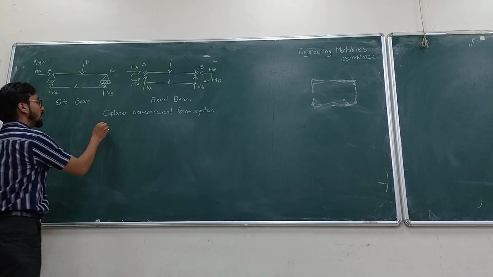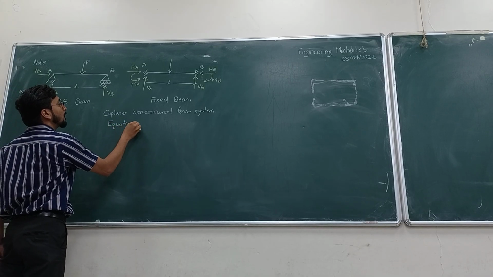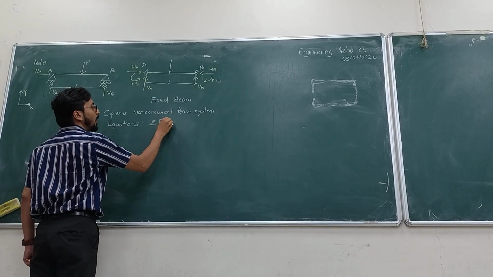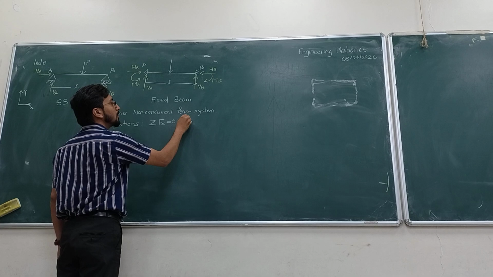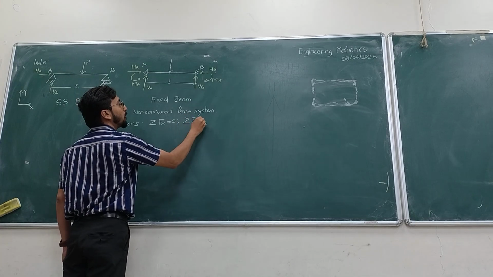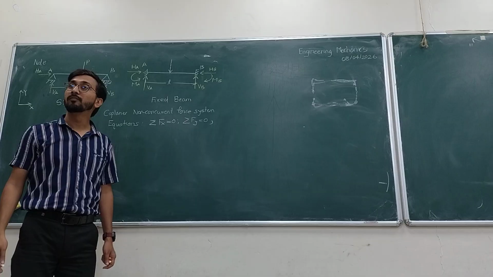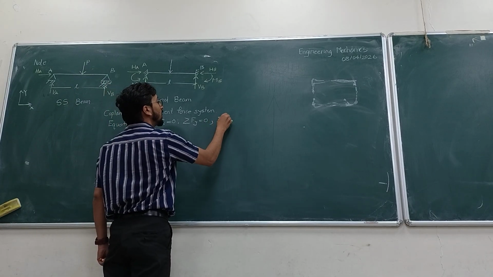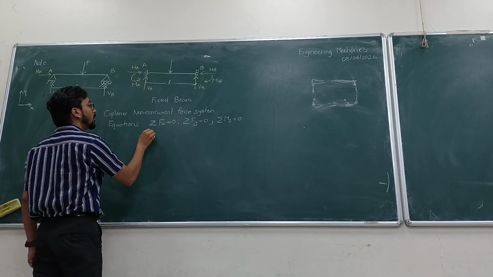Three. Summation Fx is equal to 0, you can use this. Summation Fy is equal to 0, this is applicable over here. And summation Mz is equal to 0. So how many equations do you have?